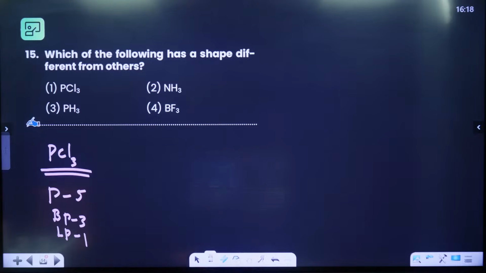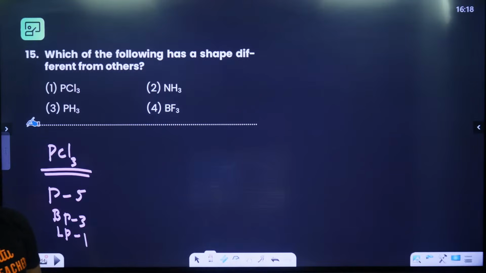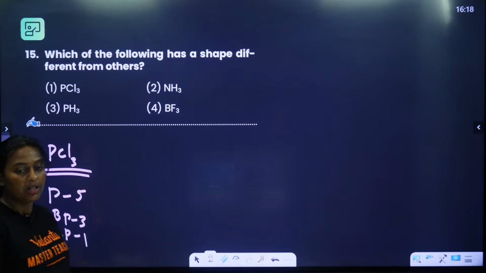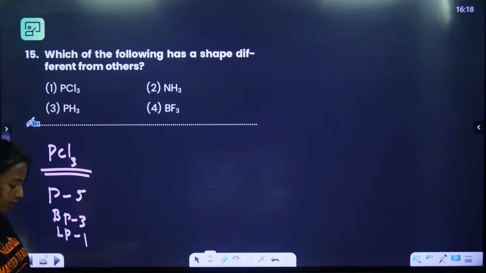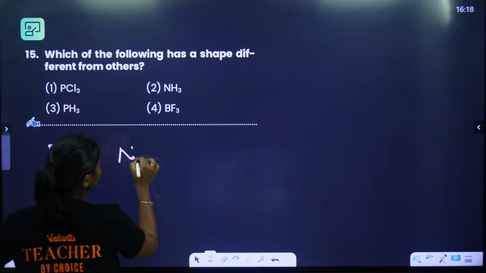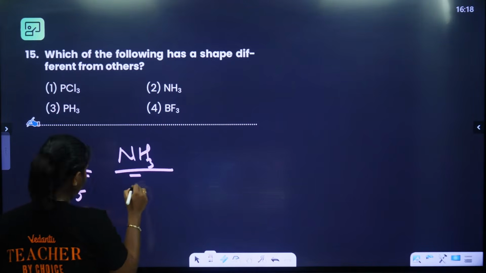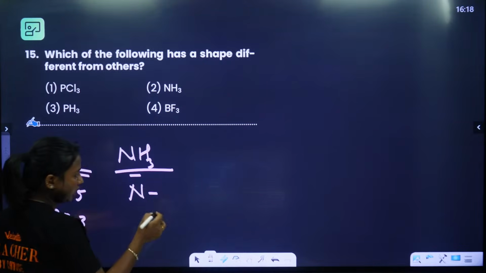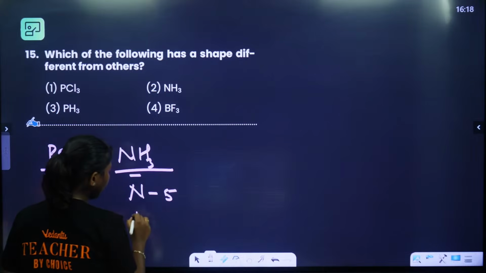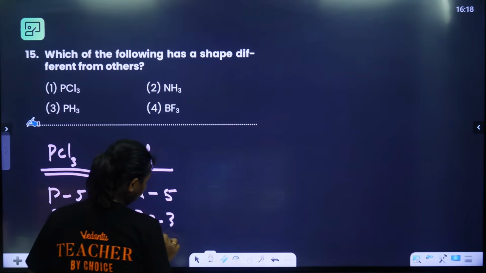Okay. So when you consider nitrogen, the atomic number of nitrogen is 7. So the electronic configuration of nitrogen in NH3, the outermost shell contains 5 electrons. So bond pair is 3, lone pair is 1.